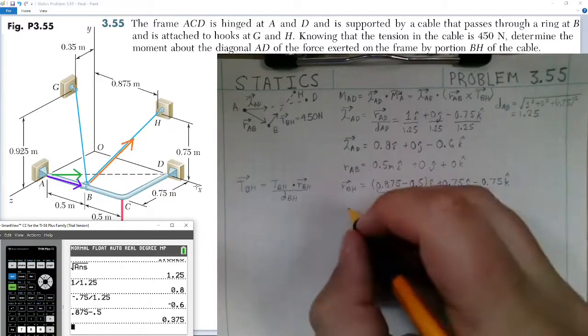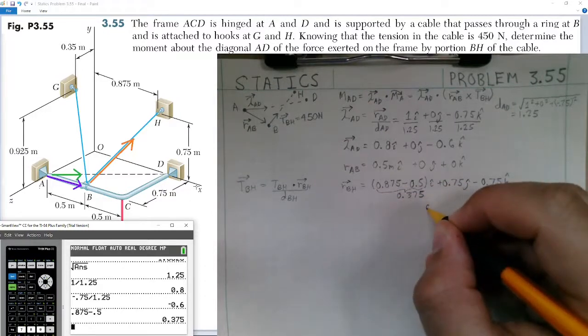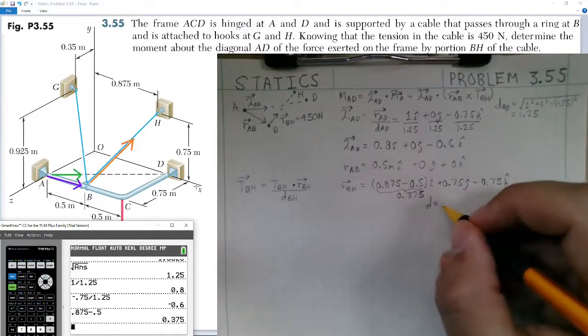To find the distance from B to H, we're simply going to take the square root again of the components squared together.